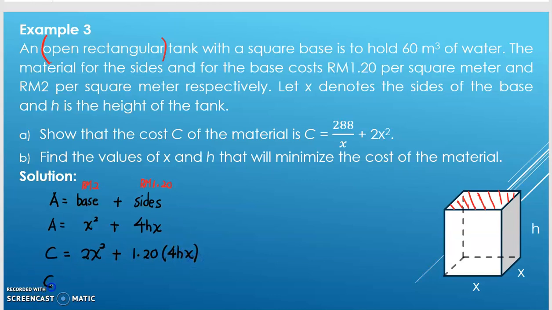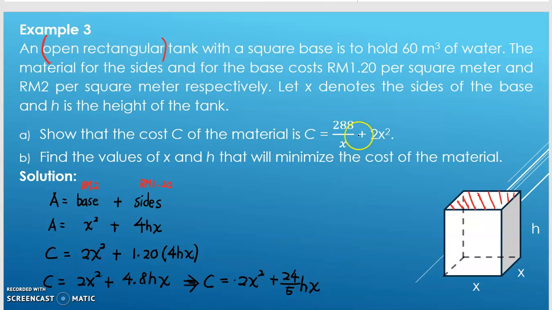So my cost will be equal to 2x squared plus 4.8hx, or I can write the cost as 2x squared plus 24 over 5 hx. From 4.8, I change to fraction, which is 24 over 5 hx. So this will be our cost.